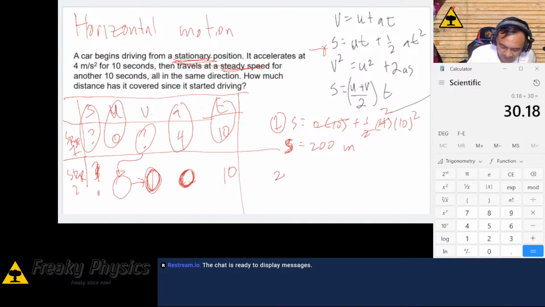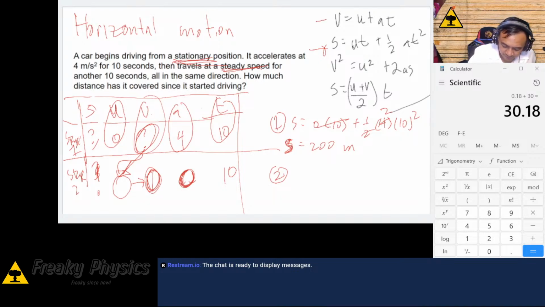Now the second step is looking for this v so we can put it in here, right? This time we are not interested in s on the second part, so we're now interested here. Which formula has those four?